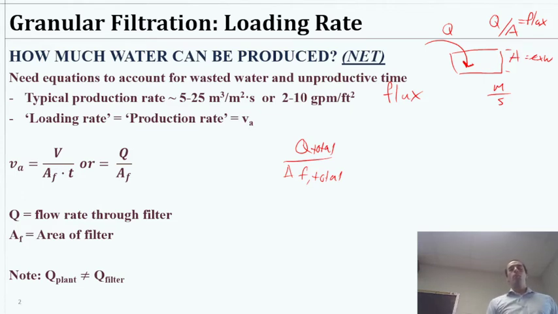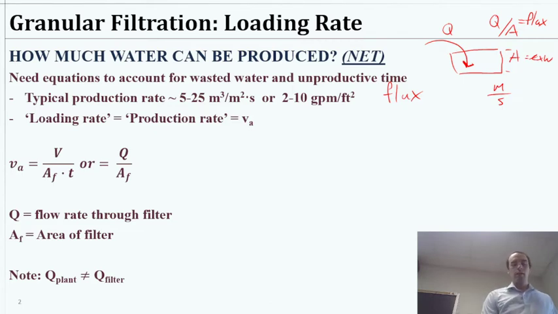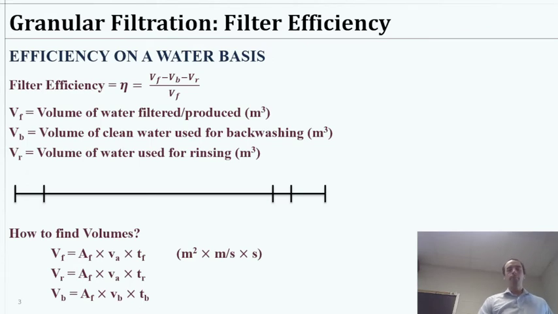Or maybe, as we'll see in a minute, we have some effective loading rate. But just use some common sense here to see whether or not we can make a relationship with the entire plant. Normally, when we're talking about a loading rate, we're talking about a filter and the flow rate through that one filter. So just keep that distinction in mind so that you don't confuse that.